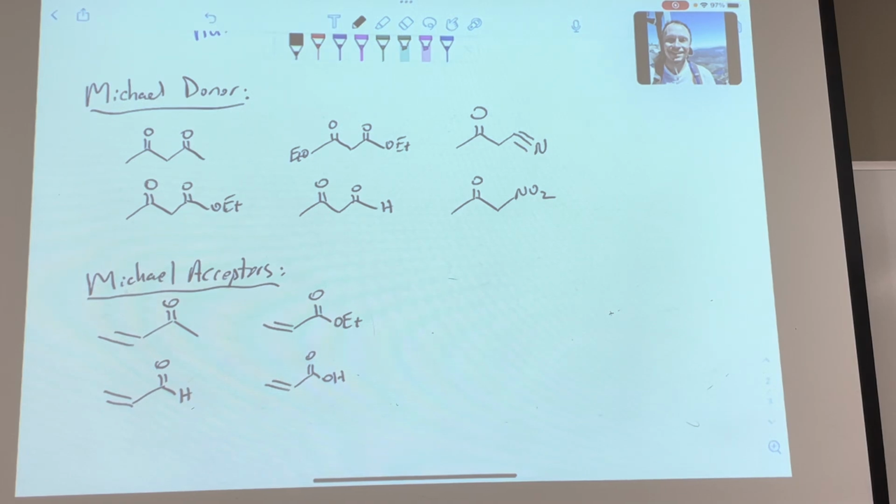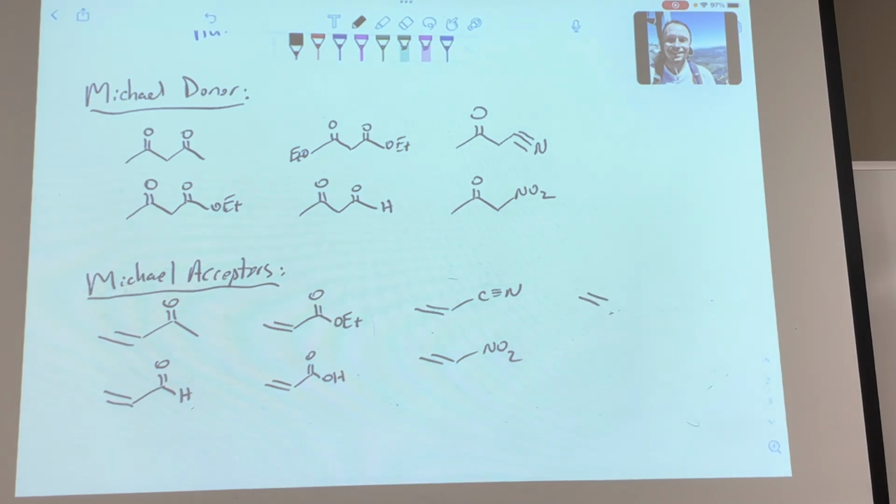And like the Michael donors, it doesn't specifically have to be a carbonyl compound. It just needs some activating group next to a double bond. So you could have something like that, something like that.